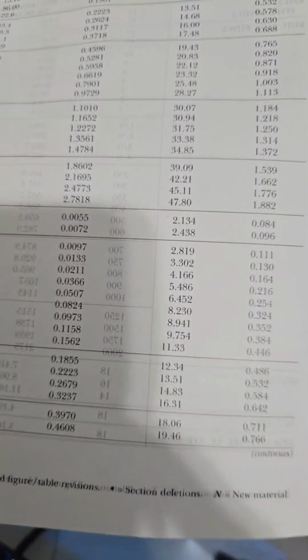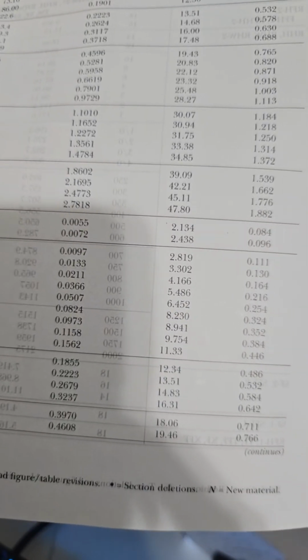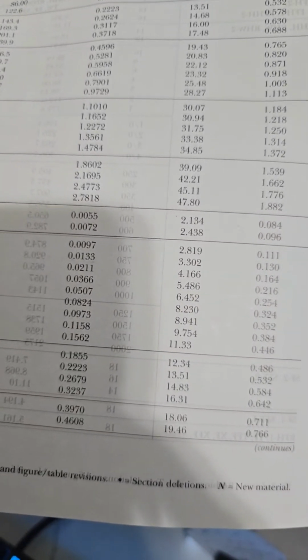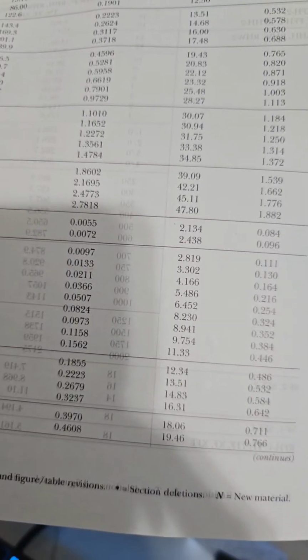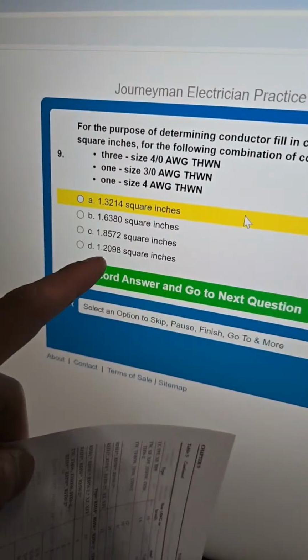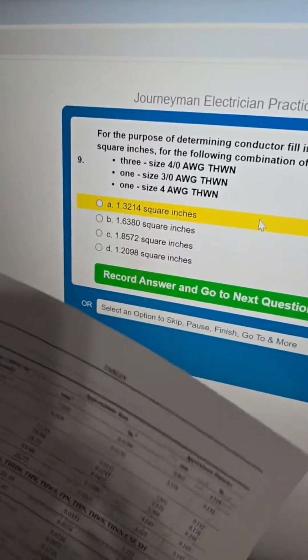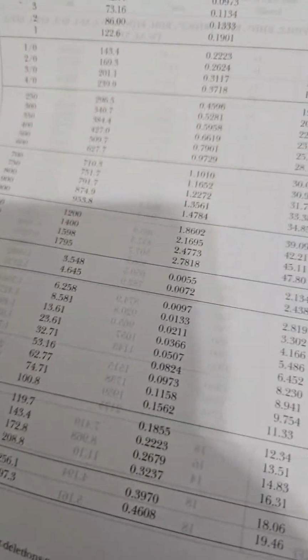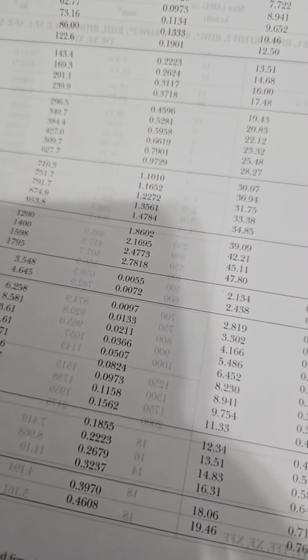So we got 0.11, and then 6 and 6 is 12.2. And then number 4 is a 0.08.